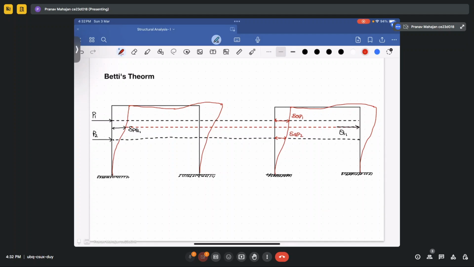Let's make it so this is your system 1, and this is your system 2.